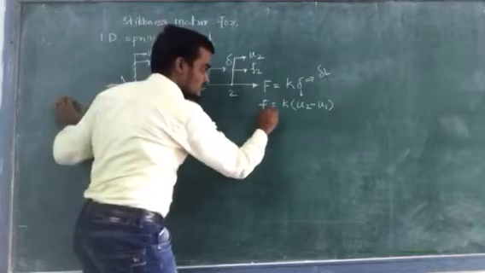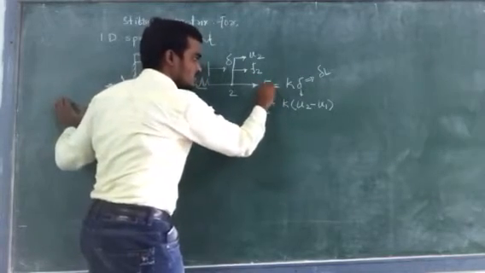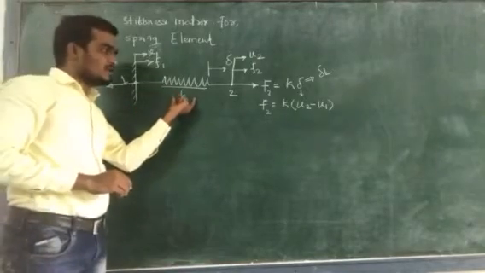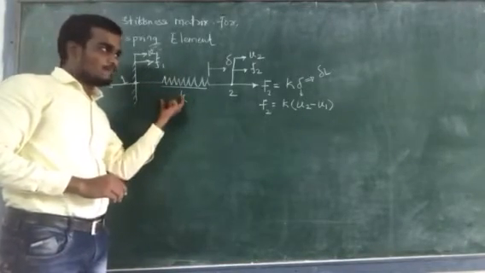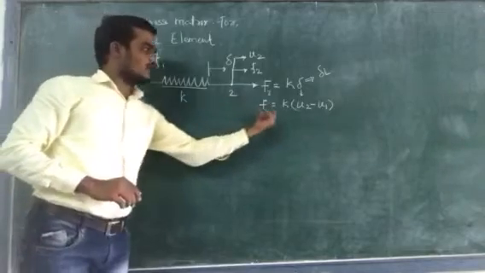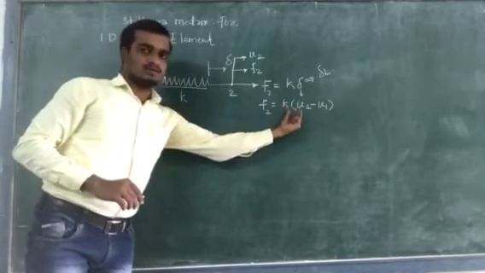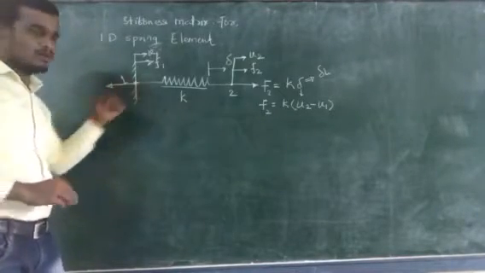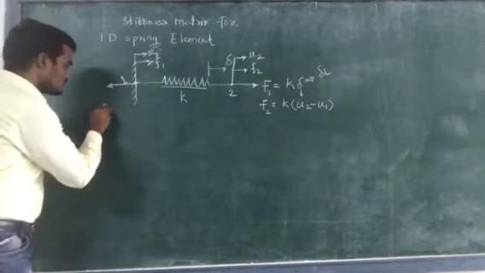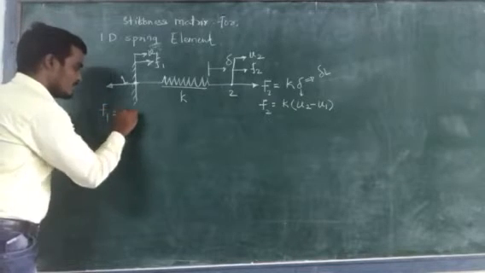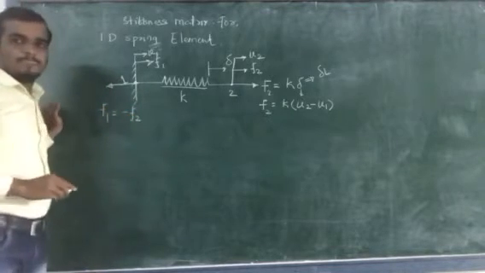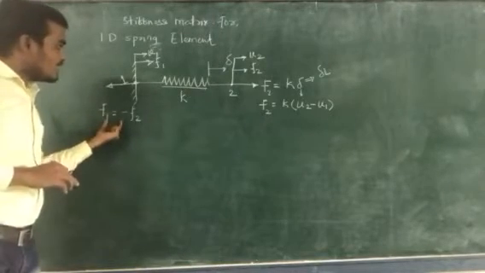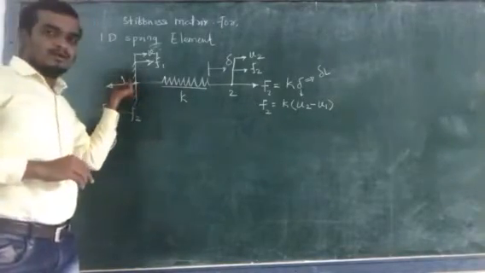This is nothing but your nodal force F2. To keep the spring in equilibrium, we need to apply the same amount of force, K times U2 minus U1, in the opposite direction at node 1. So F1 will become minus of F2. In this way we can identify the force acting at node 1.